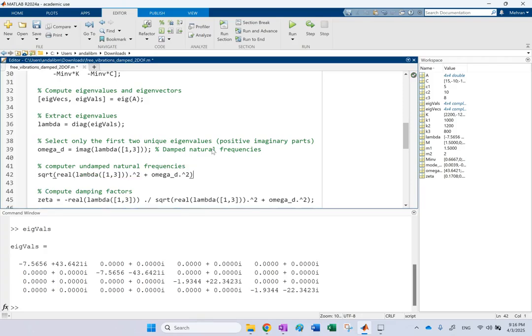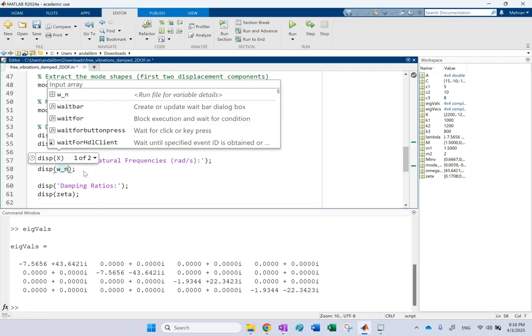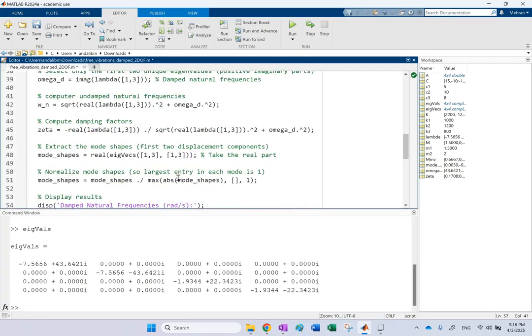So the undamped ones, you can call them omega n, for instance. And you can later show them as well. So you see here, when I show damped natural frequencies, I can come here and show undamped natural frequencies, and I use omega n. Okay, so I can show those as well.